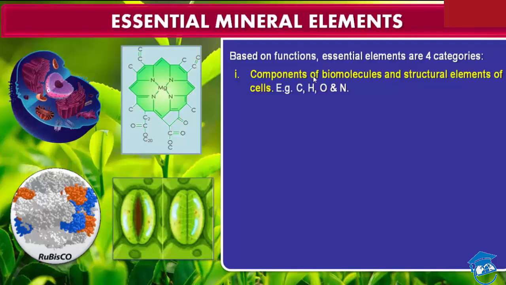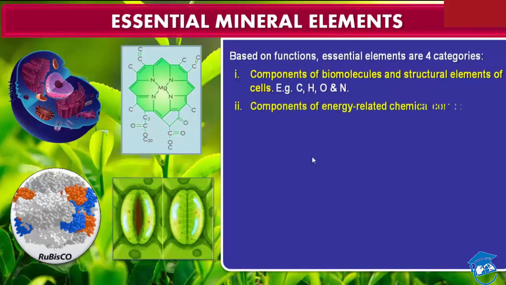These four are the essential elements involved in the synthesis of biomolecules, or you can say they are the components of biomolecules, and they help in the structural support of the cell. So examples are carbon, hydrogen, oxygen and nitrogen.